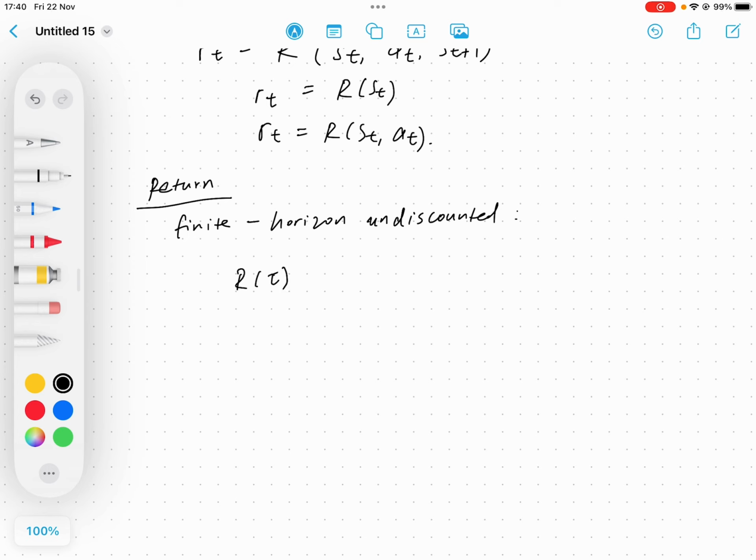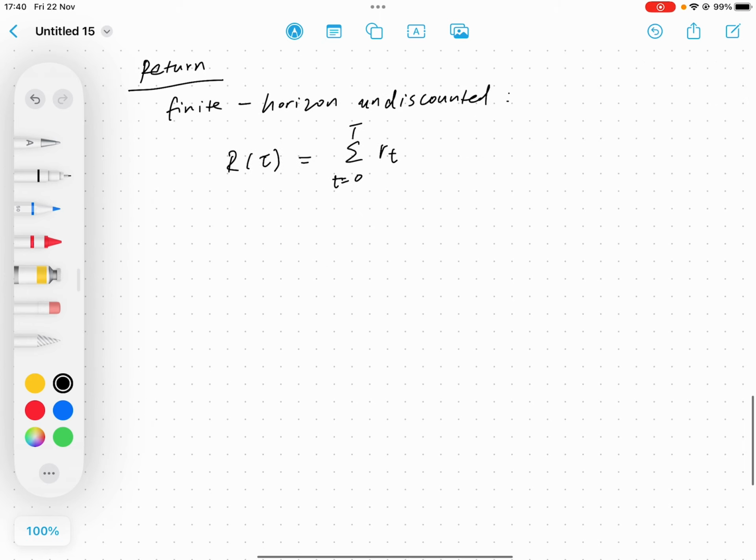Return with some episode tau would be just the summation of those little rewards from 0 all the way to capital T. It could also be an infinite horizon discounted return.